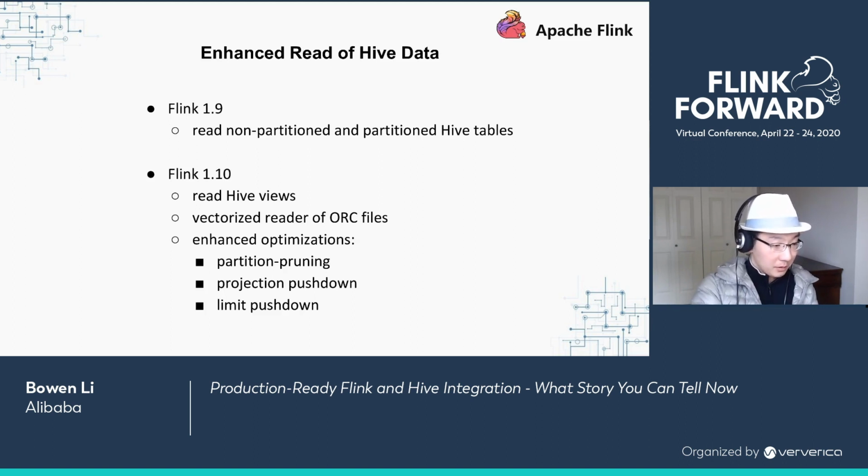We also introduced optimizations like partition pruning, projection pushdown, and limit pushdown to really limit the data that we read from the disk and that travels over the network to Flink, to increase the performance.